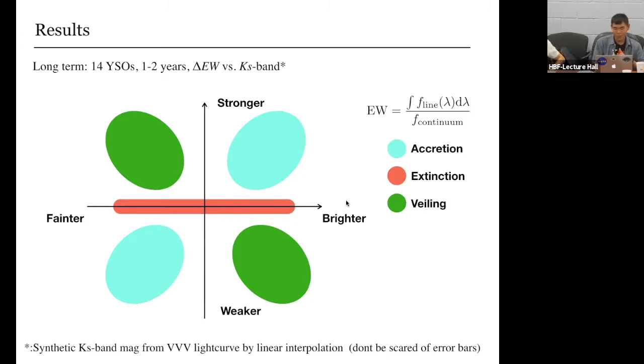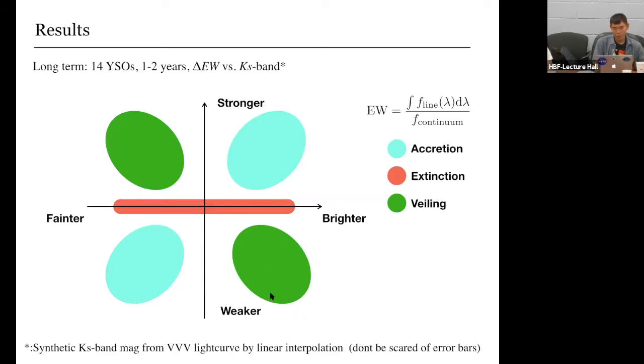For example, if the continuum is changing while the line itself is not, it creates an anti-correlation between the equivalent width and the K-band continuum, located in the upper left and bottom right segments.